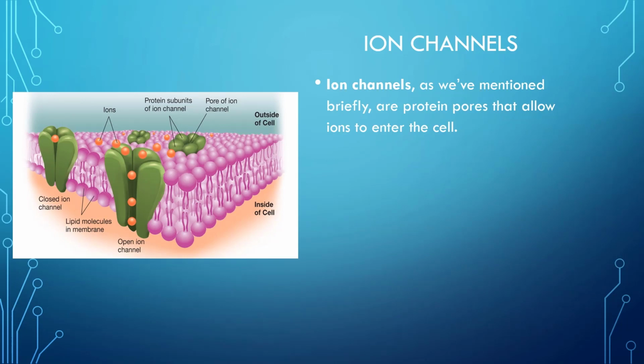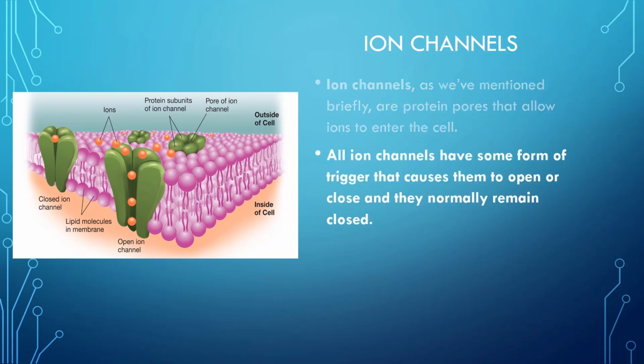So ion channels are protein pores, and as we've said a couple of times today, they allow ions to enter the cell. And what's important is that they allow certain ions to enter. All of these ion channels have some sort of a trigger in order to open them, and for the most part they remain closed.